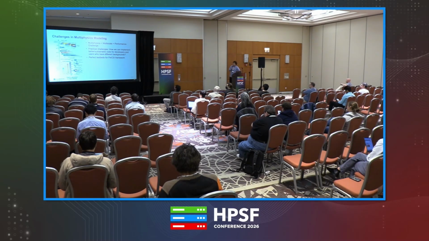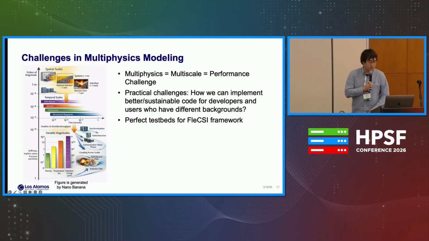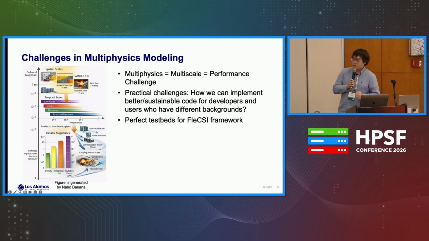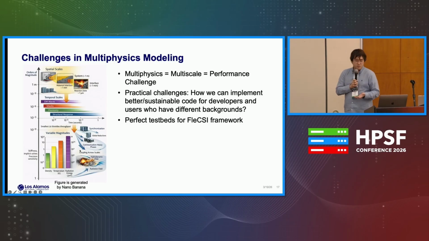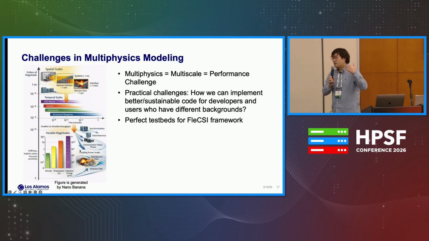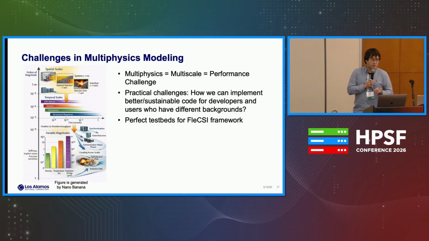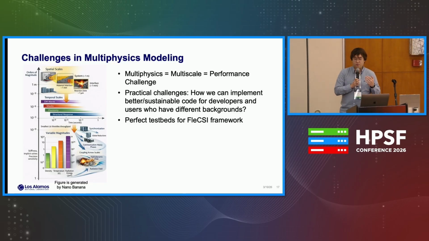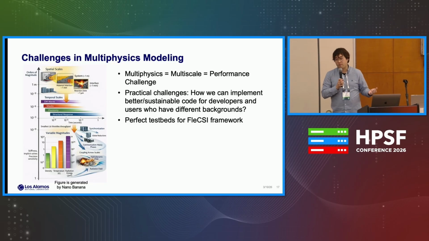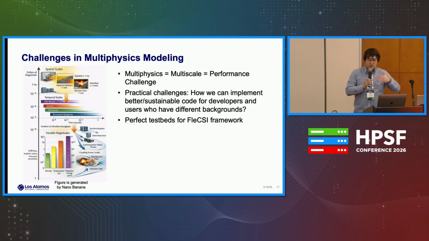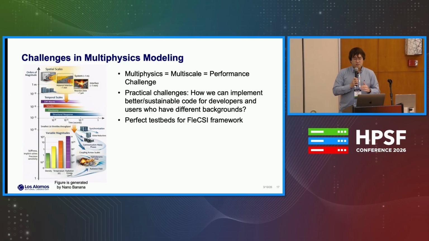So when we talk about multiphysics cases, that also automatically involves multiscale, and that is the performance challenge. You see that the size of your system is different, the time scale is also different, and all the different physics you actually need. So the practical challenge we wanted to address, as someone who comes from an astrophysics background, is how we can implement better sustainable code for developers and users with multiple backgrounds, because even when we are saying we are developing multiphysics code, our language is often pretty different.